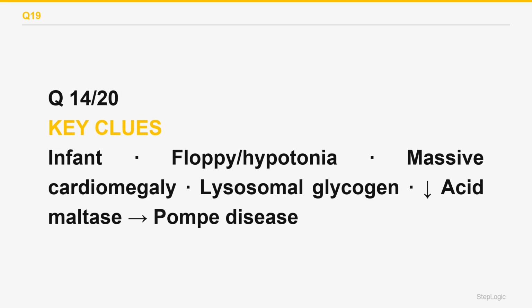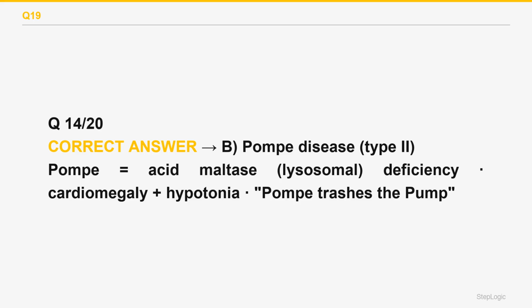The infantile form presents in the first months of life with a floppy, hypotonic baby, feeding difficulty, macroglossia, enlarged tongue, and the striking hallmark, massive cardiomegaly with hypertrophic cardiomyopathy, often leading to early heart failure and death without enzyme replacement. The correct answer is B.